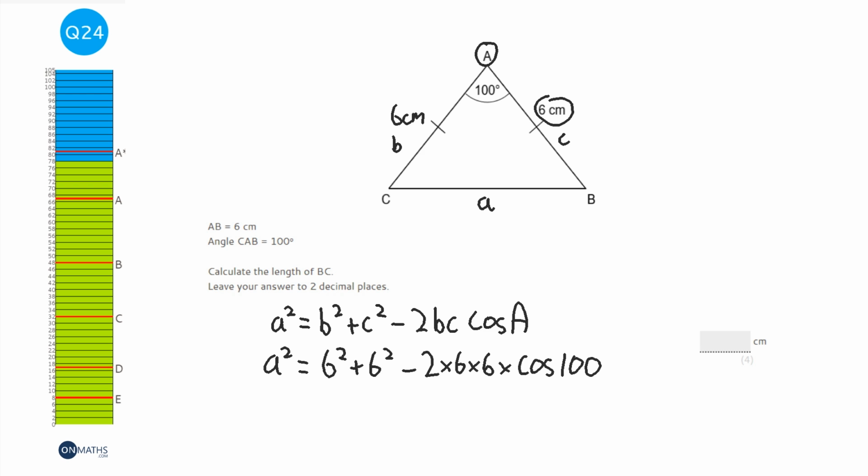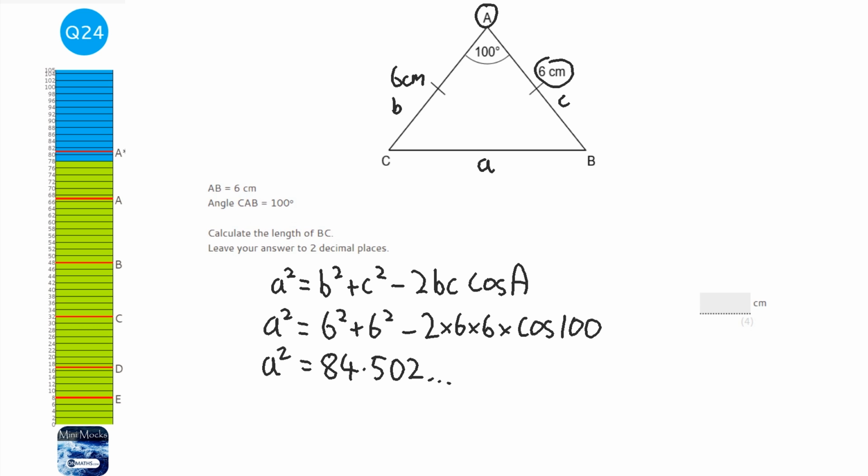Okay, and I can just type that into my calculator. So 6 squared plus 6 squared minus 2 times 6 times 6 times cos 100 equals, and so a squared equals 84.502 blah blah blah, and I'm doing the little dashes after the number to show the examiner that I'm keeping it in my calculator.